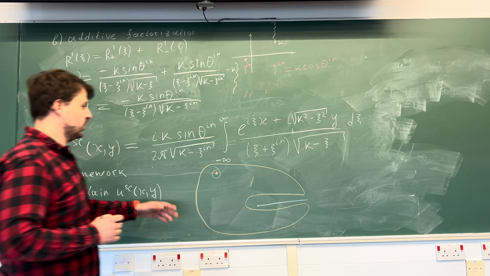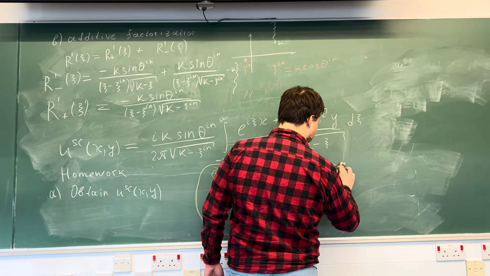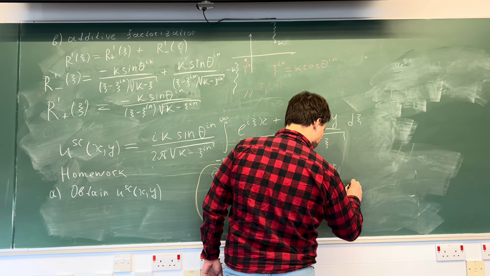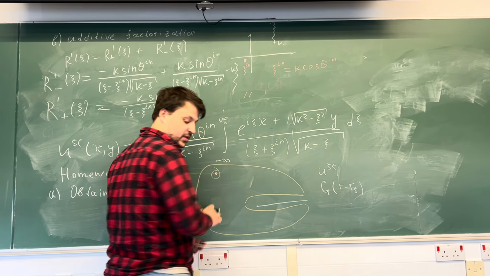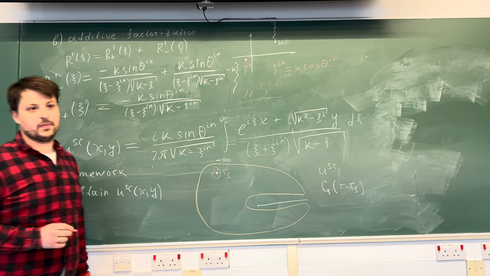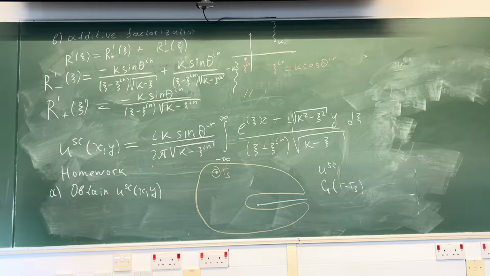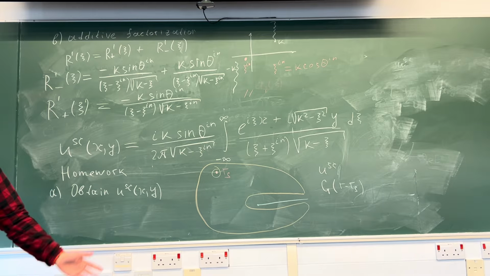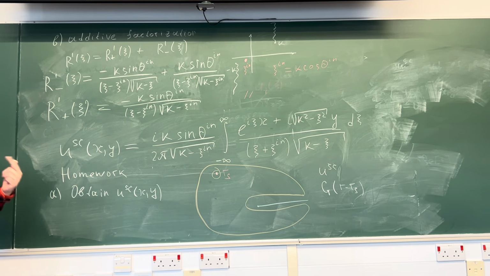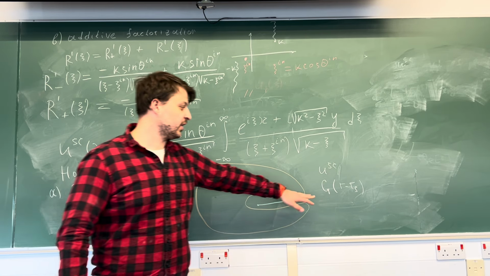We choose as our pair u scattered and G, where this is the operator L. We apply Green's theorem with these two functions in this domain. The integration over this big circle will go to 0, and this thing will give the value of our scattered field, and then we will have some convolution-type integral with Green's function.